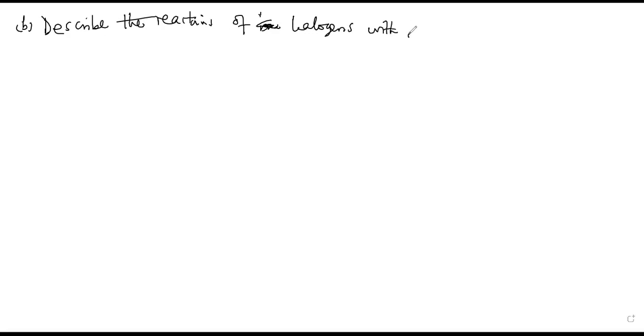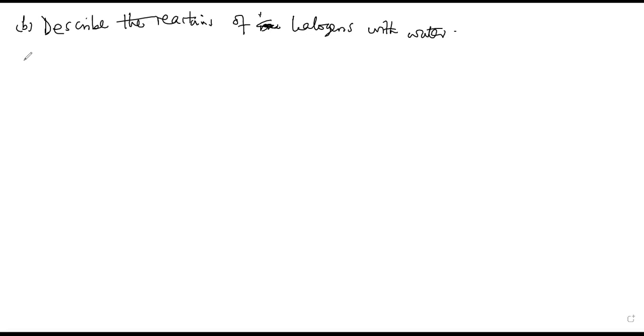The second reaction can be, I can say, describe the reactions of halogens with water.